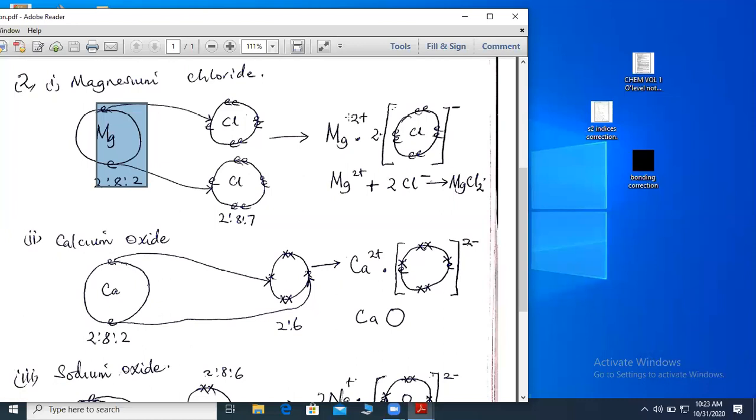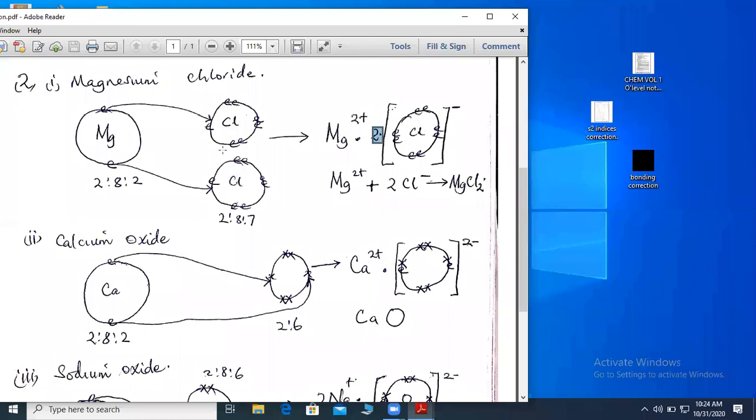That's where we put the charges. And then now the chlorine atoms are 2. That's why we put this 2, to show that the chlorine atoms are 2. And each chlorine atom has gained 1 electron.